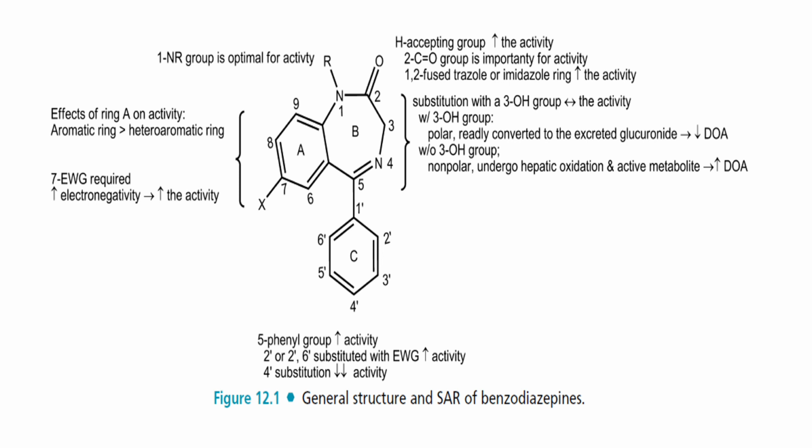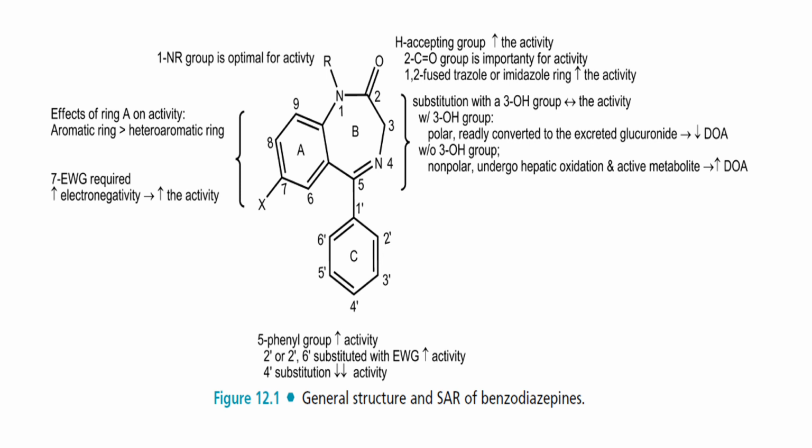Now, the phenyl ring, the ring C, at position 5, as presented earlier, is useful for CNS depressant property. Substitutions on ring C are only allowed in ortho position, or the 1-2 position.